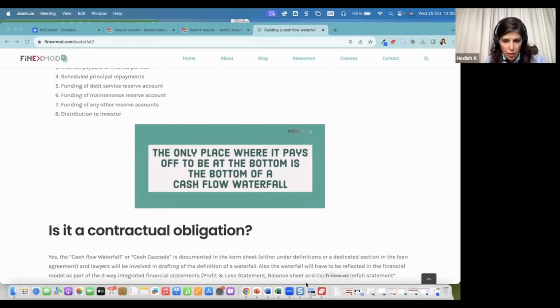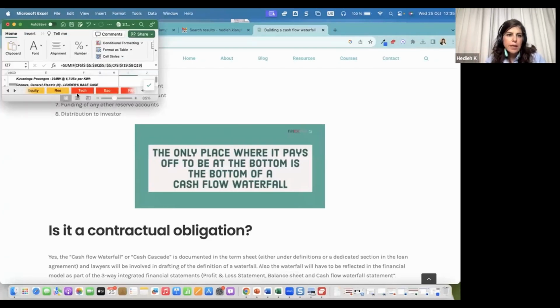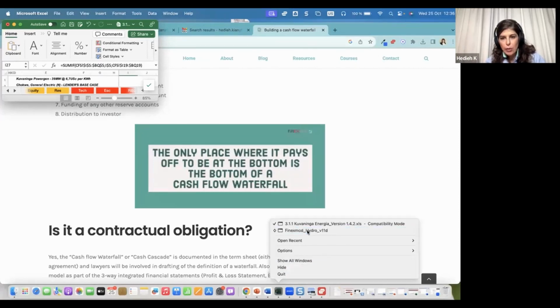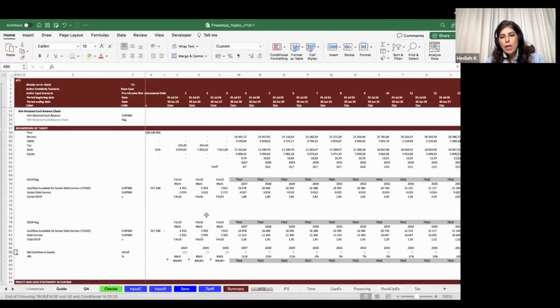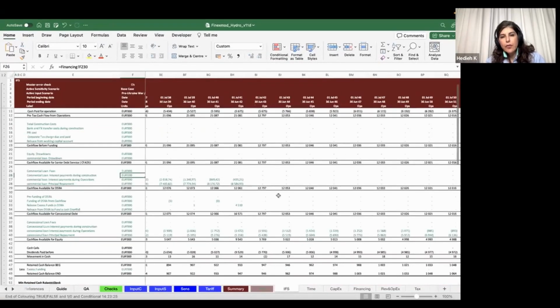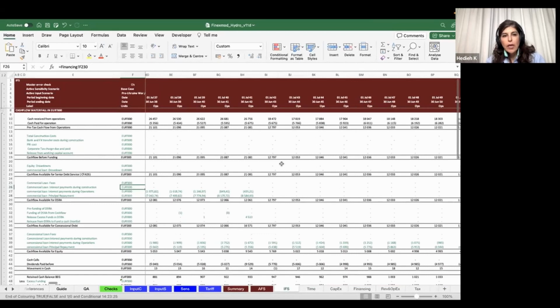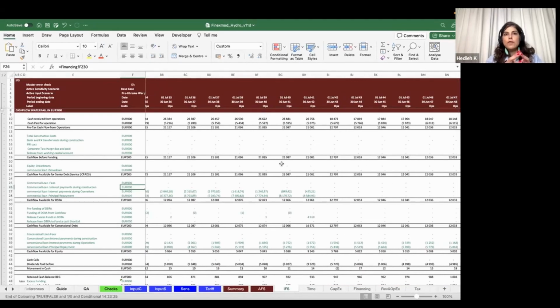So how do I use a cash flow waterfall? I use it in two ways. I'm showing you one of my financial models now. When I am first building a financial model, I use the cash flow waterfall as a roadmap to build the different modules in my model.